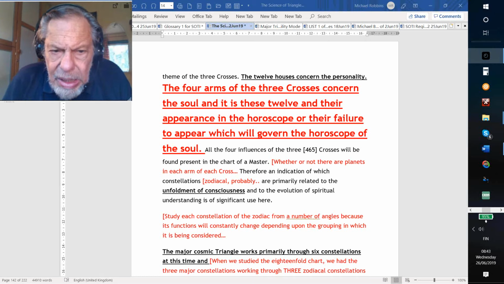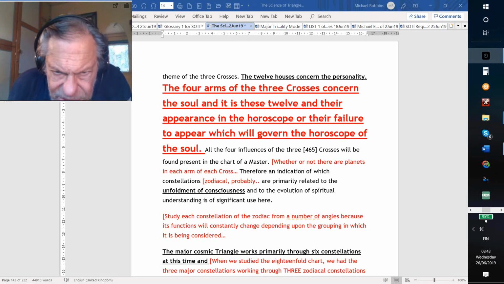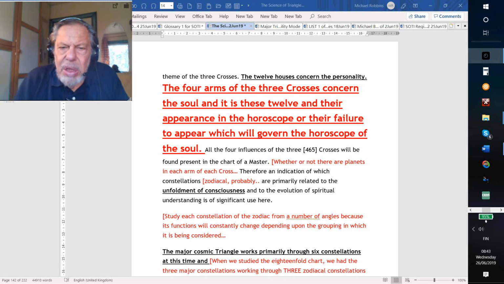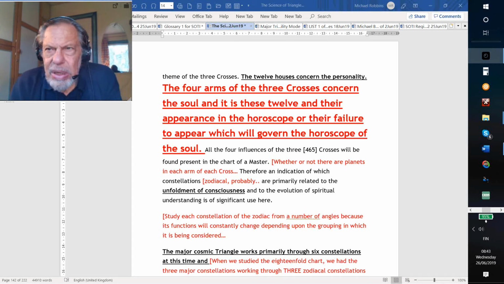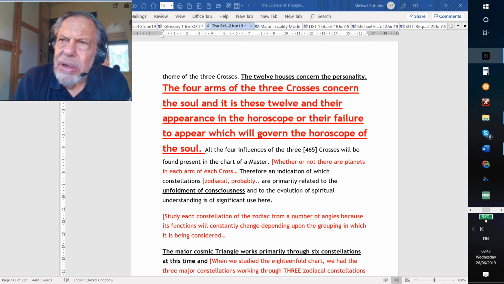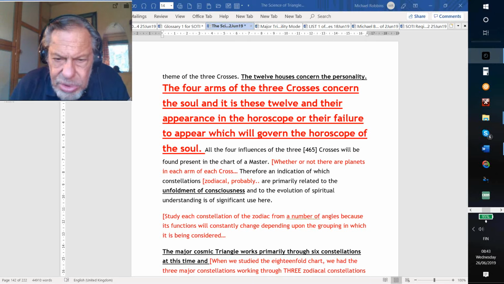So, there are, therefore, an indication of which constellations are primarily related to the unfoldment of consciousness and to the evolution of spiritual understanding is of significant use here. Now, I guess he's hinting that there are certain constellations that are really involved in the expansion of soul consciousness, and others less so.